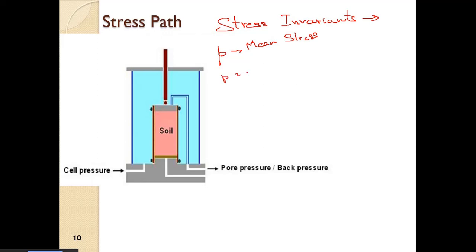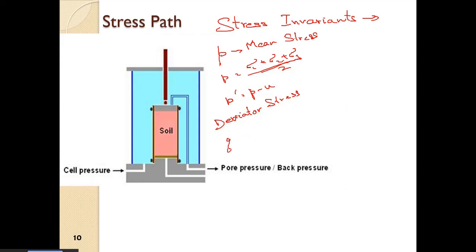So P is equal to (sigma 1 plus sigma 2 plus sigma 3) by 3, and P dash is equal to P minus U, and we have the deviator stress, or deviatoric stress, or the shear stress, or the distortional stress, whatever you say.